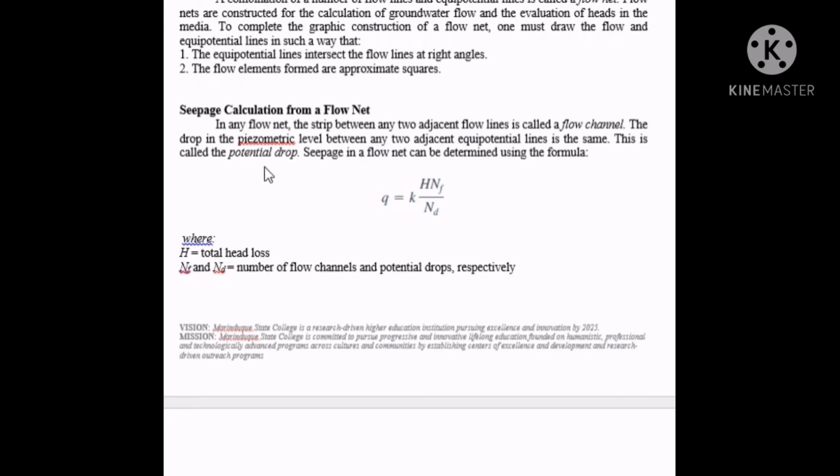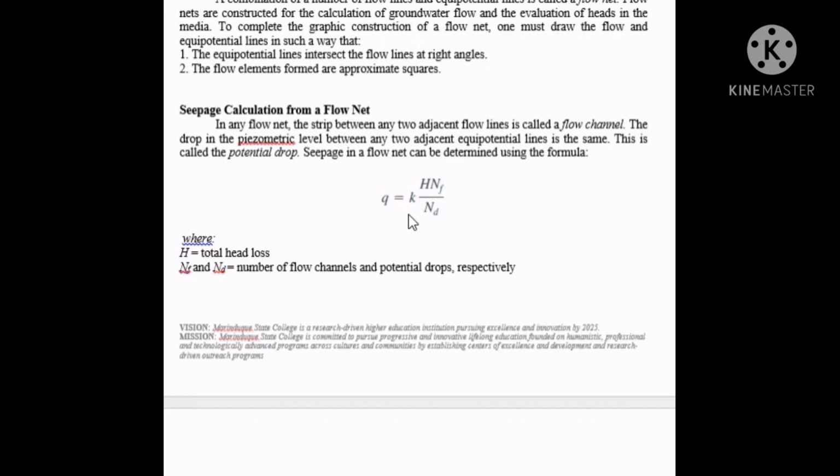This is called the potential drop, and seepage in a flow net can be determined using the formula Q equals K H NF over ND. What is H? Total head loss. And NF and ND are the number of flow channels and potential drops, respectively. And what is K? This is the coefficient of permeability or the hydraulic conductivity.